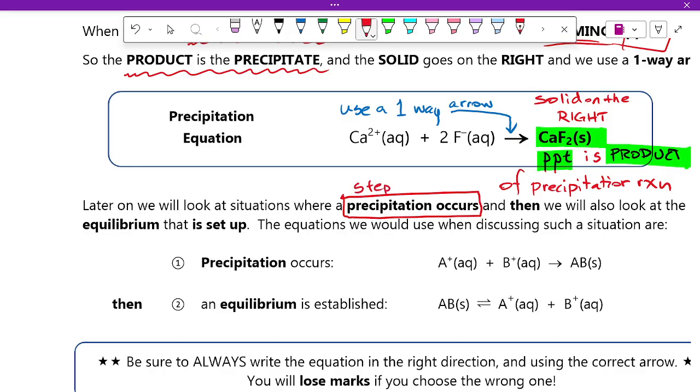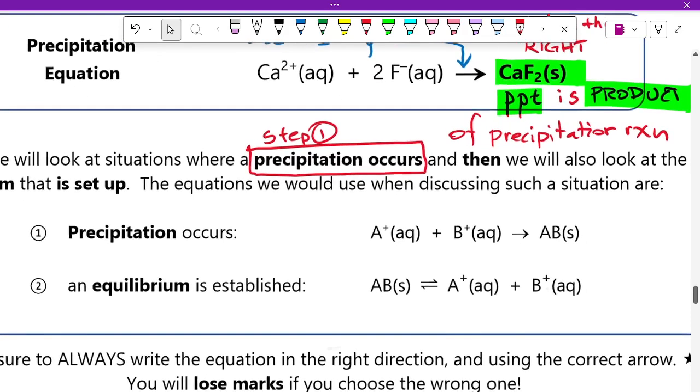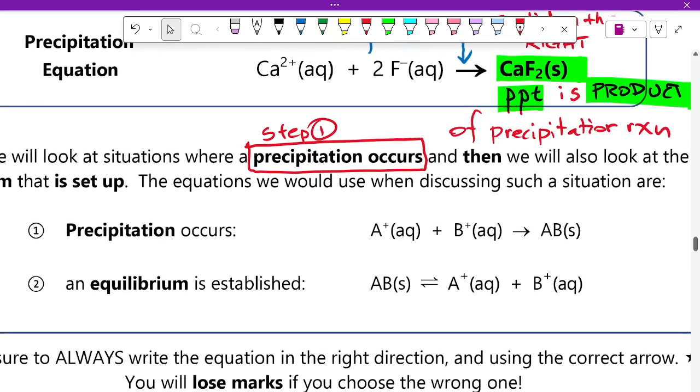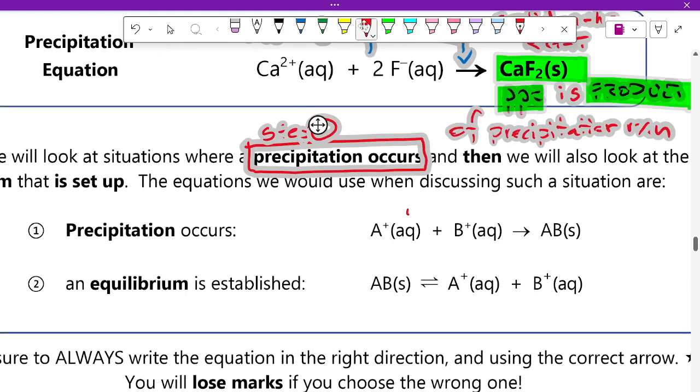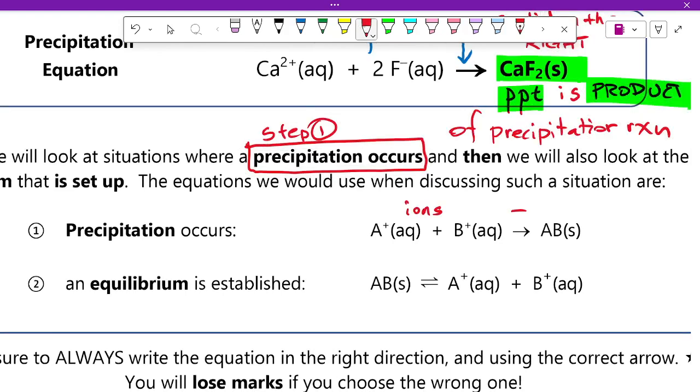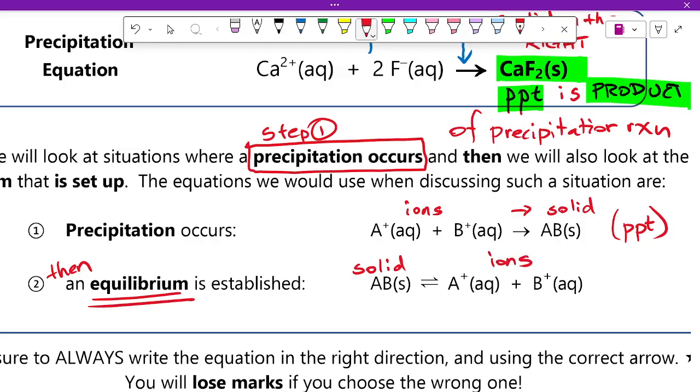So we would show it like this, where we have our ions going to the solid. That's our precipitate. So precipitation occurs, then next an equilibrium is established. So our solid then goes on the left, and we have our ions on the right.